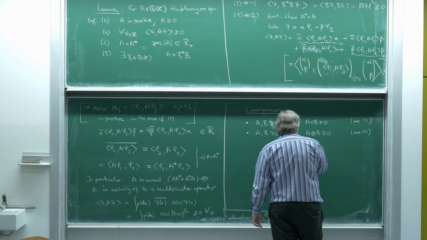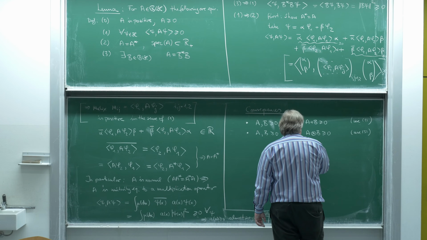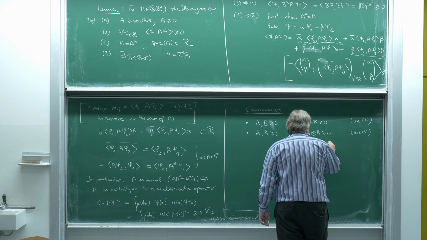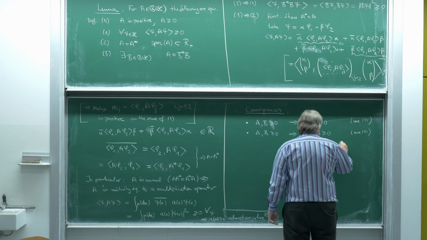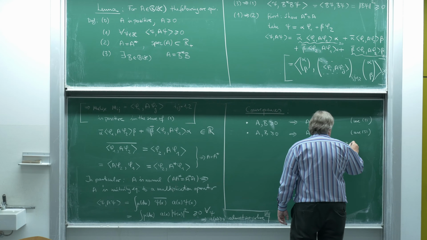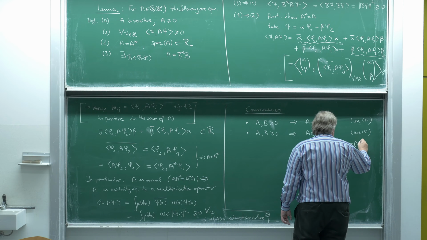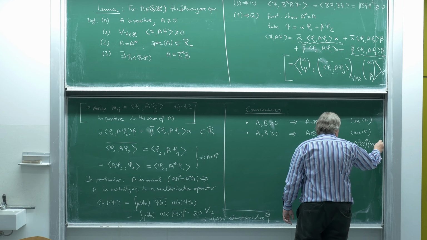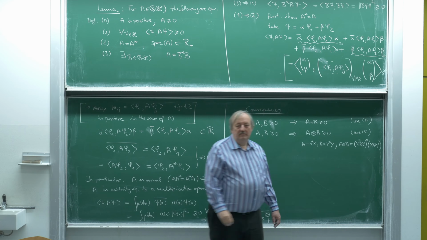How does this work? So let's say A is X star X, B is Y star Y. So A tensor B is actually equal to X tensor Y star X tensor Y. There you go.